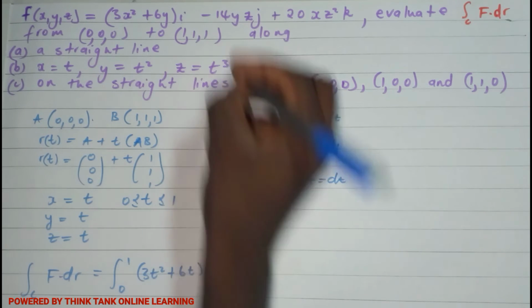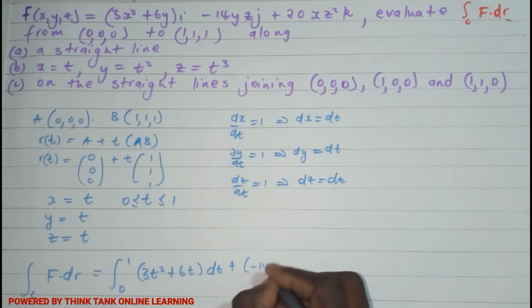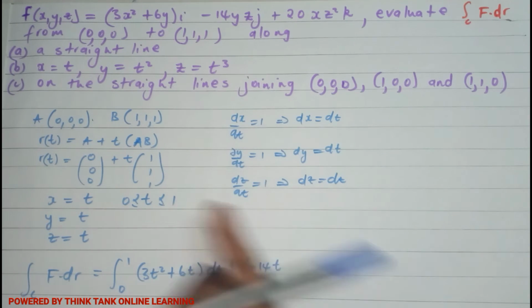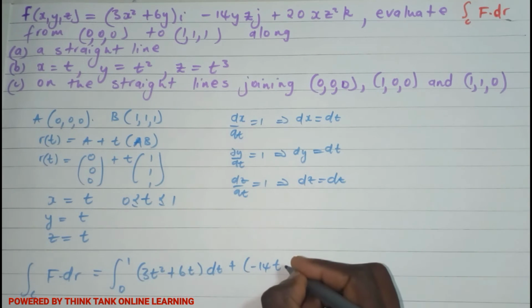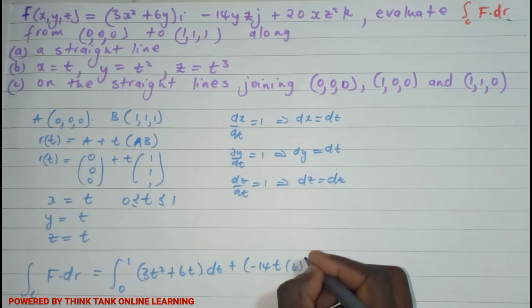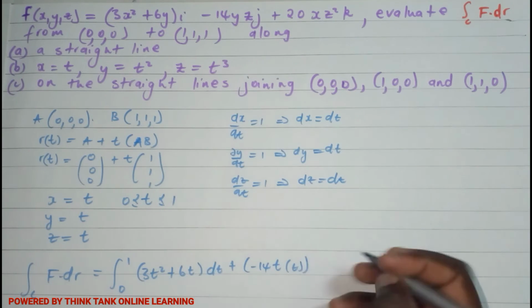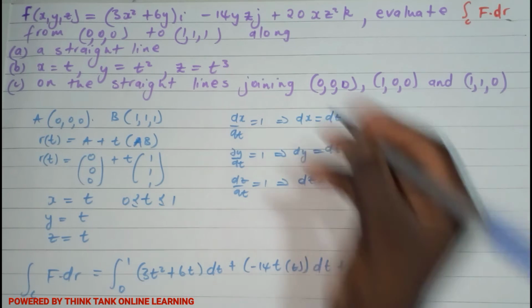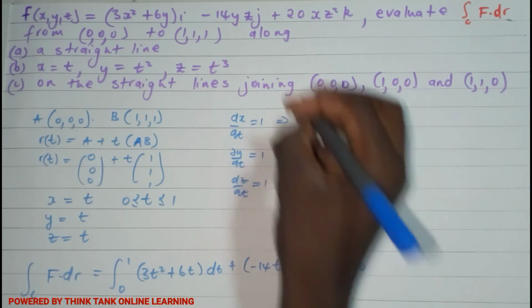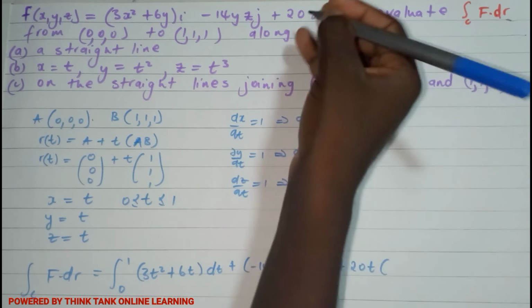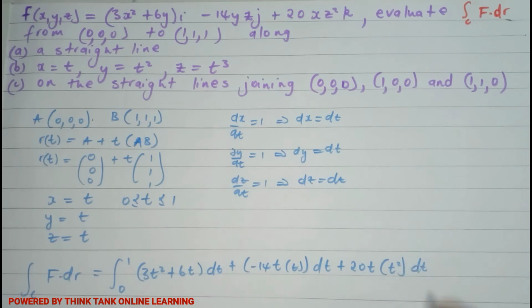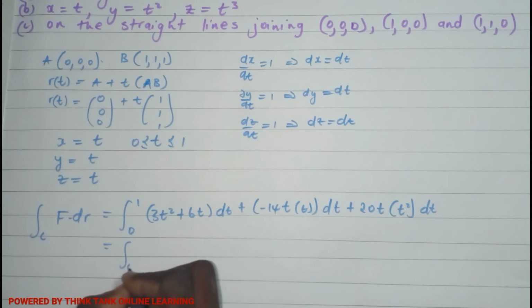Then we have negative 14 times y, and y is t, and z is also t, so times t. Then for j, which is dy, equal to dt, we have 20 times x, which is t, then z is t squared, and we have dt. Now I want to integrate from 0 to 1.